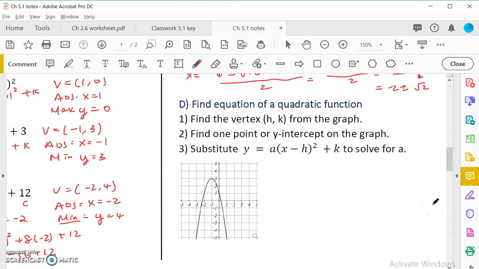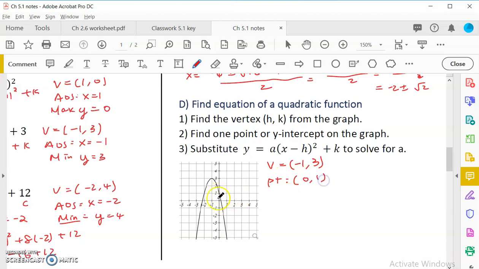So let's do an example. I have a parabola like this, but what is the formula? So you do the vertex first. Vertex, you read it off as -1, up 3. One more point. This one is a good point, right? 0, 1.